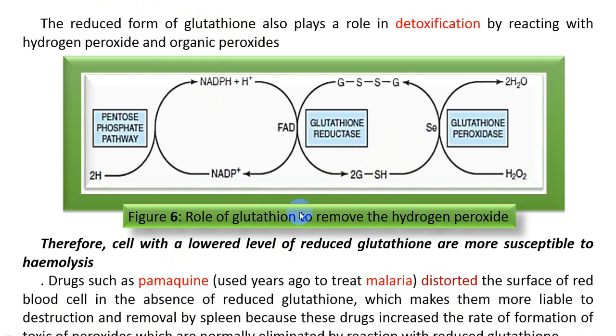Therefore, absolutely there is hemolytic anemia, or some of the protein will stay in the oxidized form for the cysteine residue. It will be an S-S bond instead of a thiol group, and this will affect the function of the protein.